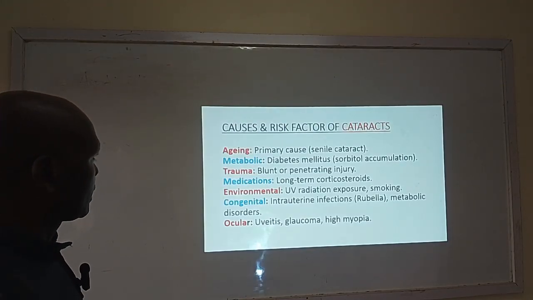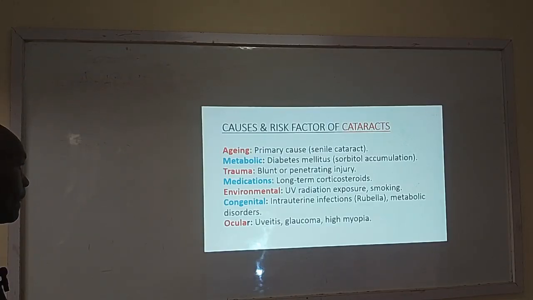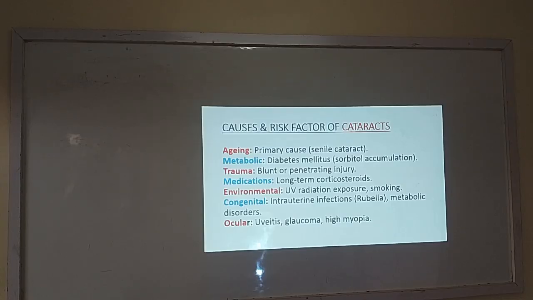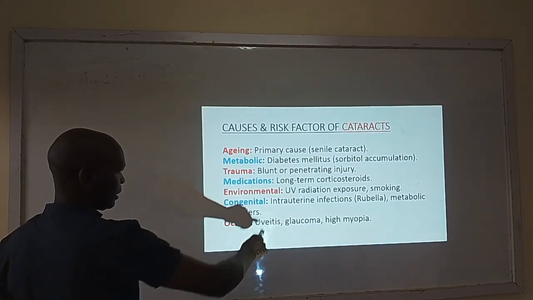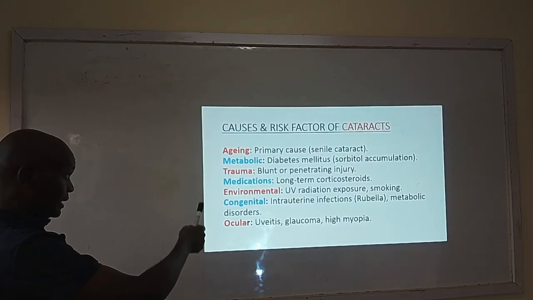What are the causes and risk factors of cataracts? One is aging, what we refer to as senile cataracts. Can have metabolic issues. You can see we are mentioning diabetes mellitus.